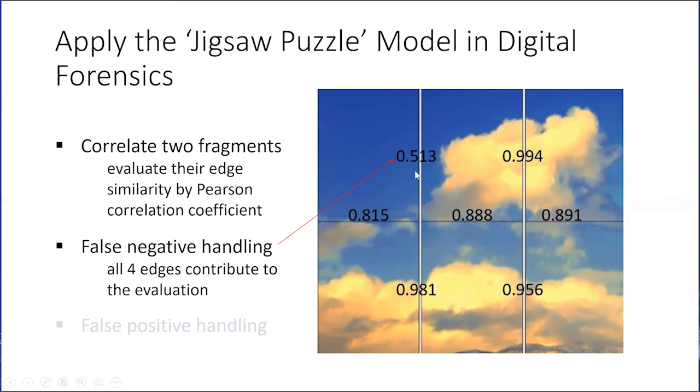However, if we calculate the correlation coefficients of the two edges, the result is just 0.513. It's not very high. So we cannot conclude they're adjacent by only relying on this correlation coefficient.